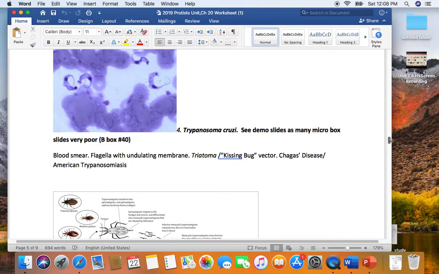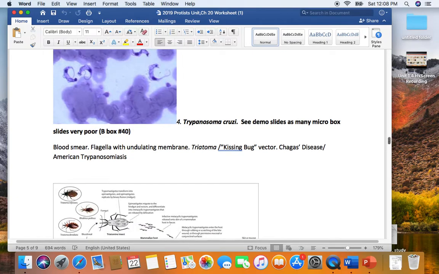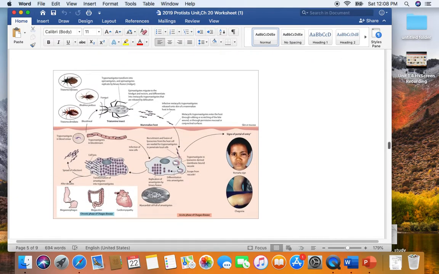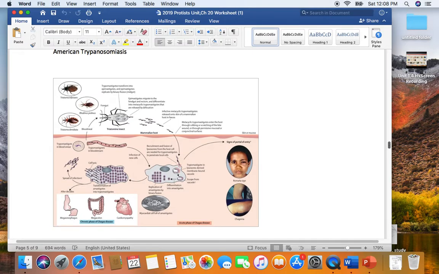So again, in the demo scopes, we'll be looking for these little C-shaped guys. Now the natural cycle and transmission: as we said, this is a vector-borne disease, and it's a fascinating life cycle. These reduviid insects often are nocturnal, which means they come out at night to feed, for example, on humans.